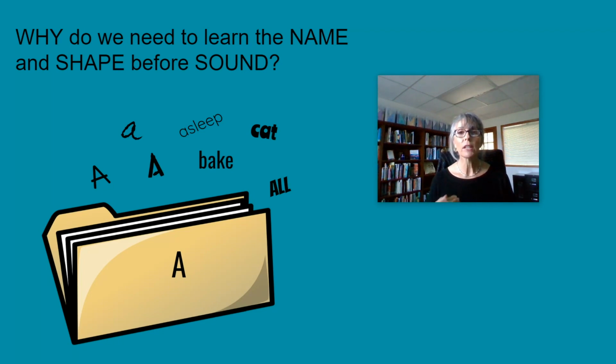So when I teach the letter name first, I'm essentially creating 26 file folders, a file folder for every single letter in my brain. And then whenever I learn something new about that letter, a different font, a different sound, a different combination using that letter, it goes in that file folder. And that helps our brain retrieve that information more efficiently.